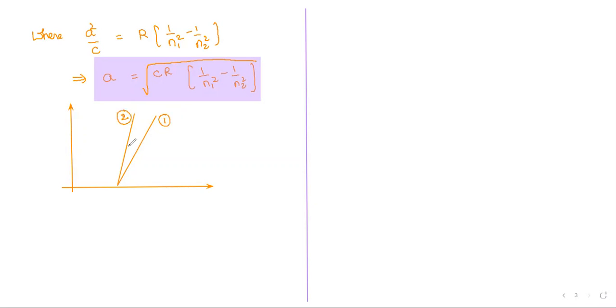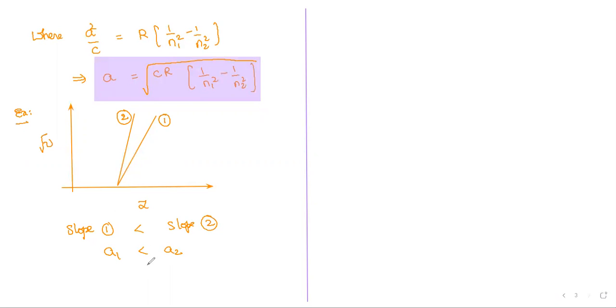More slope for the second line, less slope for the first line. This is drawn from root nu versus z. I can say that slope of 1 is less than slope of 2. Slope means a, so a1 is less than a2.